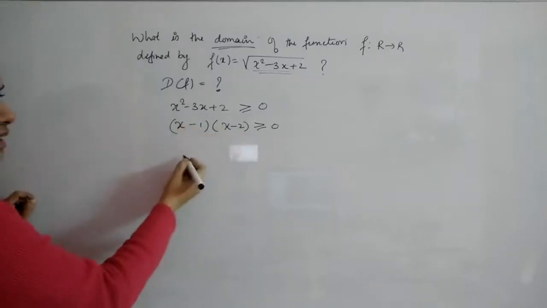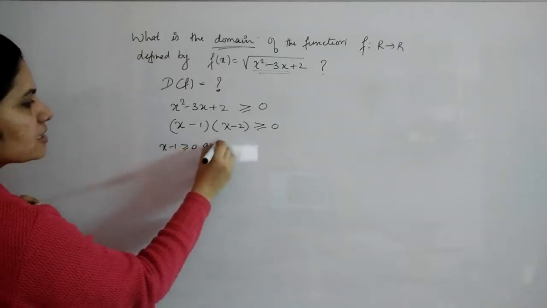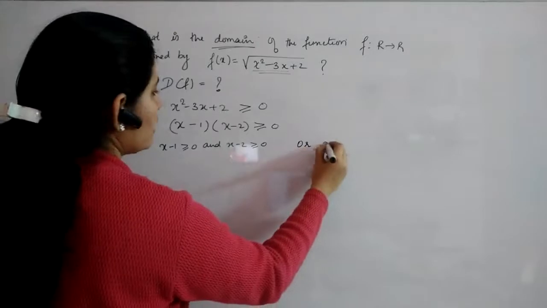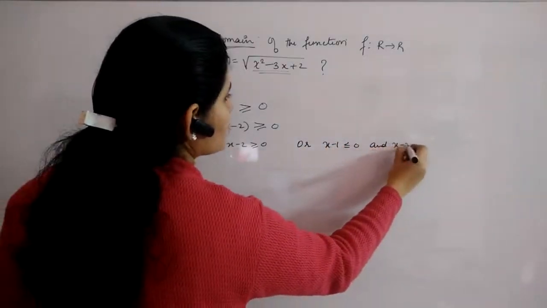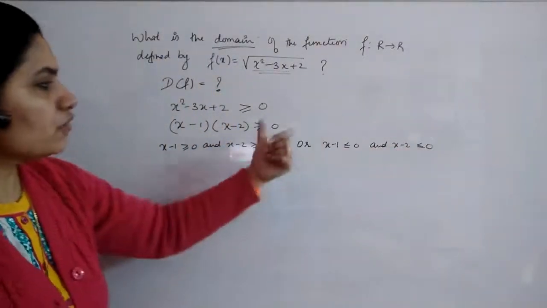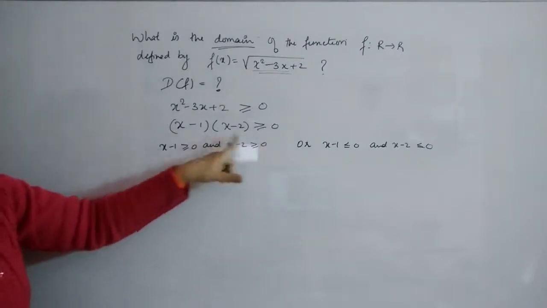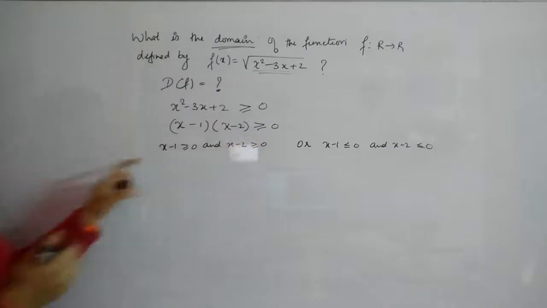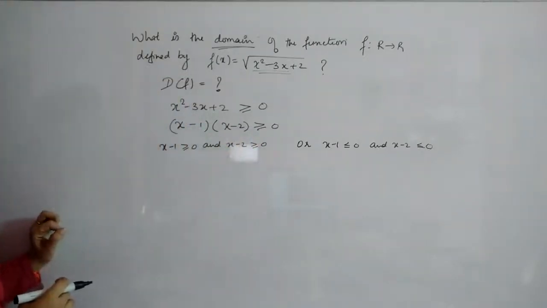So, you have two conditions here, either x minus 1 greater than or equal to 0 and x minus 2 greater than or equal to 0, or x minus 1 less than or equal to 0 and x minus 2 less than or equal to 0. That means both negative will give you a positive quantity, and both positive also give you a positive quantity, right? So, from this we have to combine and tell what will be the value of x.